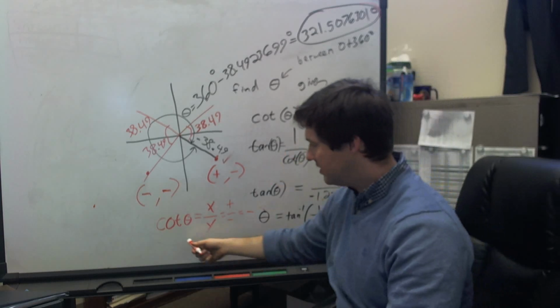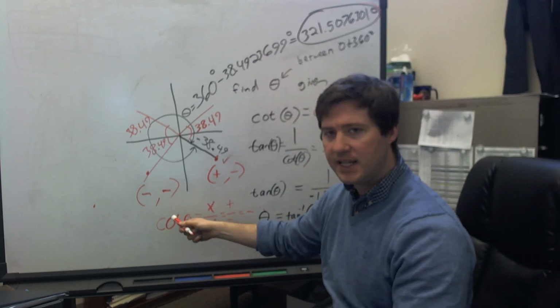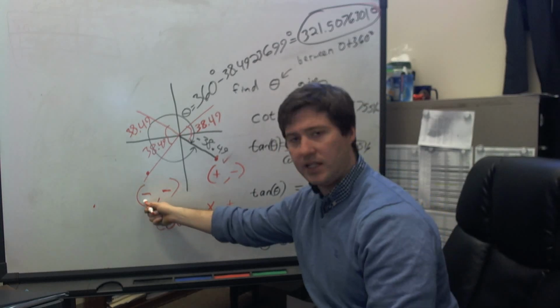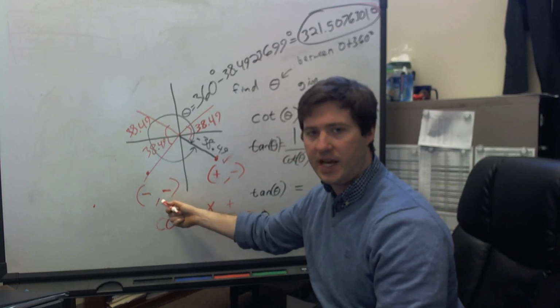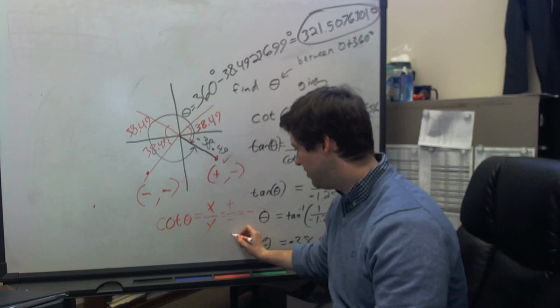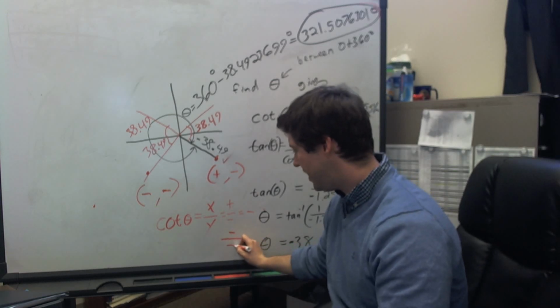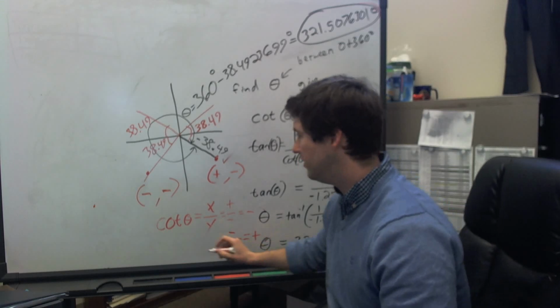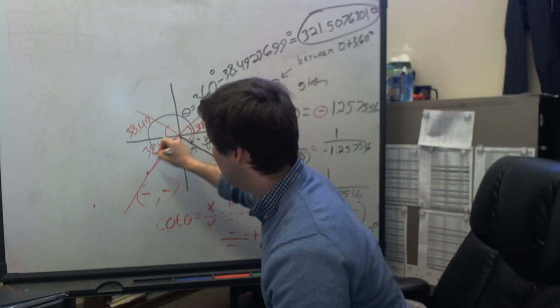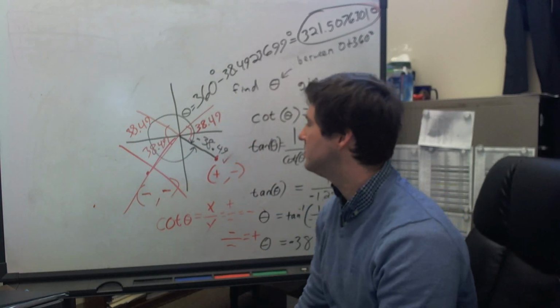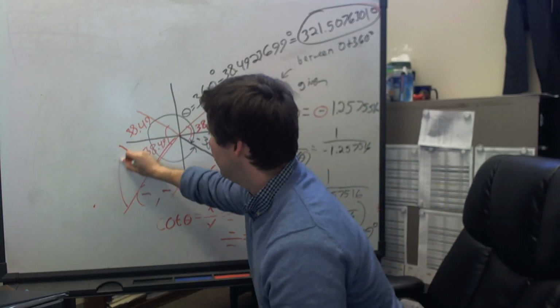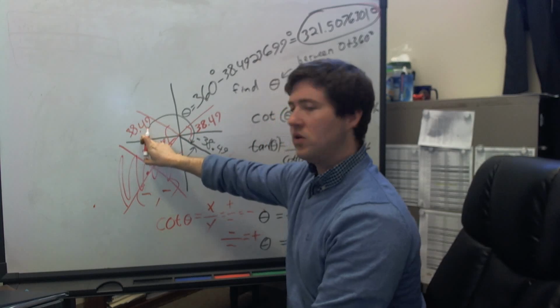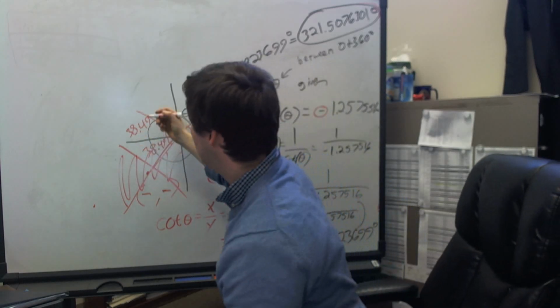That function there, cotangent, has to give us a negative when we take our x and divide it by our y. But in this case, a negative divided by a negative is not going to work for us. That gives us the positive. So this quadrant is out. We go up next on our list. We've got quadrant 2 again.